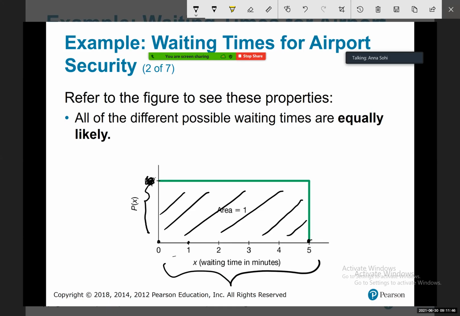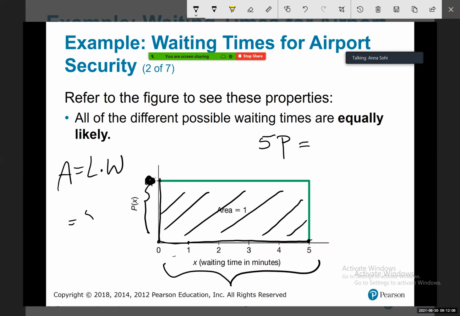If you didn't know the width, the area of a rectangle is length times width, and it's equal to 1.